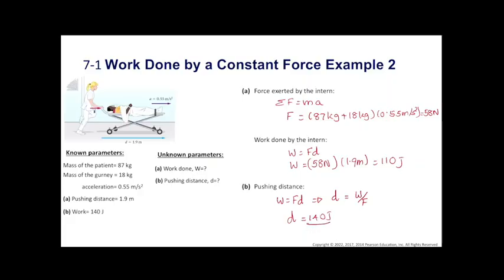In this case it is given in the problem, and force is 58 newtons, and therefore the answer is 2.4 meters. So now you know how to manipulate the equation W equals Fd.